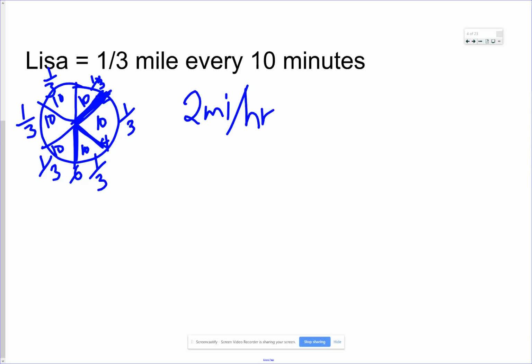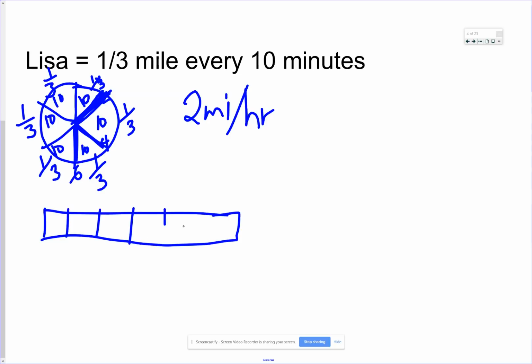Maybe if you are more of a person that likes to think of this in terms of a long bar, I want to figure out every 10-minute chunk. So I have a total of 6 of those 10-minute chunks to make the hour. There's 10 minutes, 10 minutes, 10 minutes, 10 minutes.